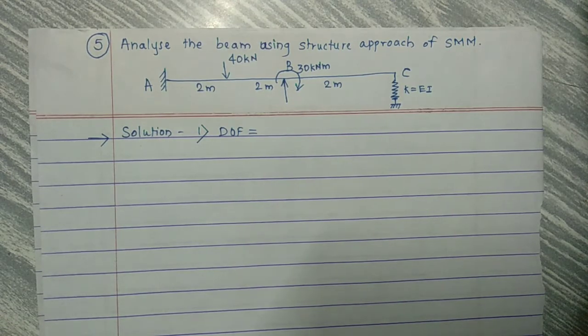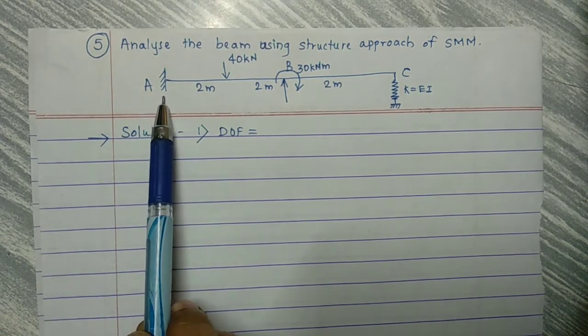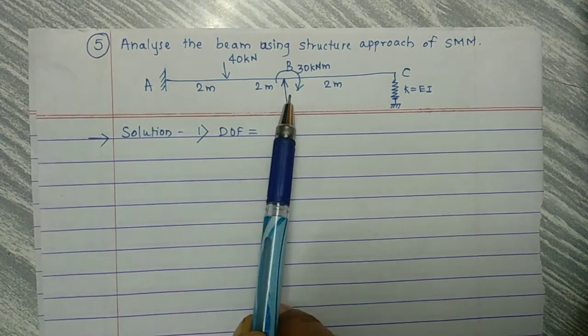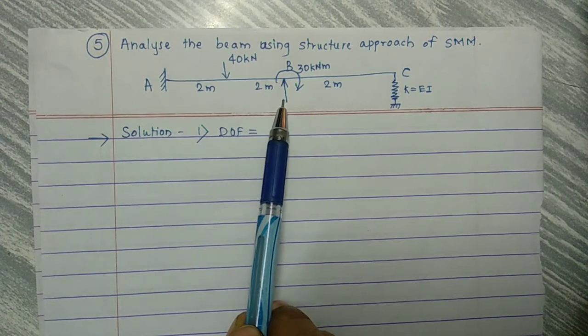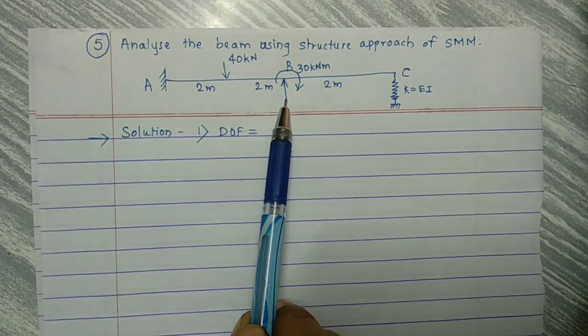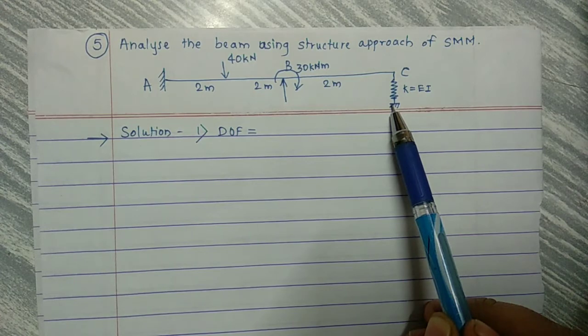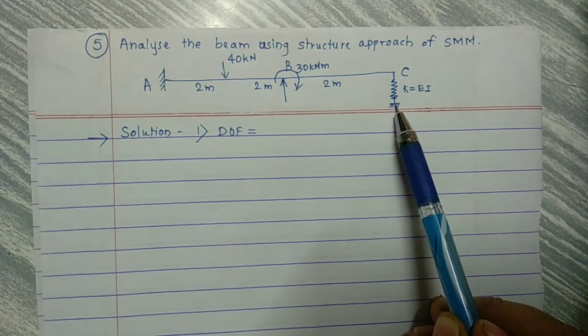So the very first step is to find the degree of freedom. Support A is a fixed support, so we know the degree of freedom is 0. The simple support, that is the roller support, has one unknown, that is 1 degree of freedom, theta rotation. At C, this is the spring support. For a spring support we know there are two types of deformation, one rotation and second translation.